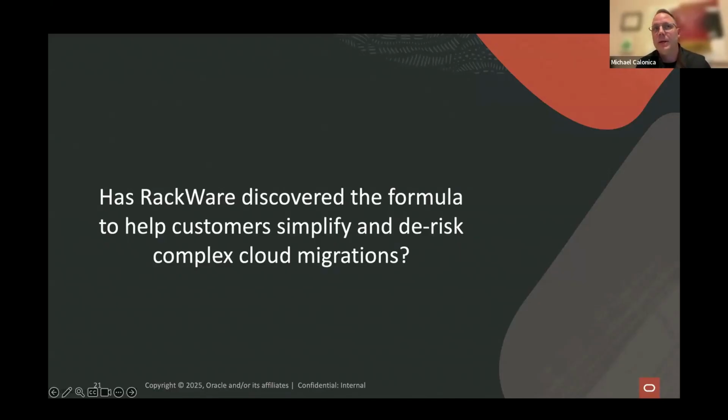So customers can make use of Oracle-native mechanisms to handle the Oracle databases, while the RackWare Management Module takes care of all the non-databases, so Windows and Linux workloads for them. Customers don't need to worry about using different solutions based on their application or source environments.